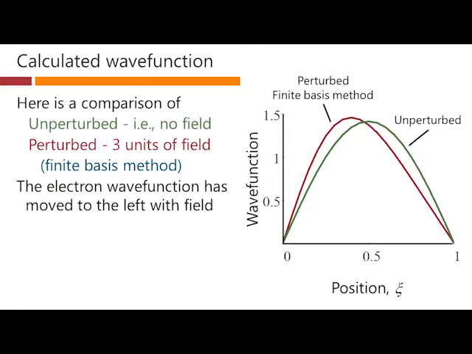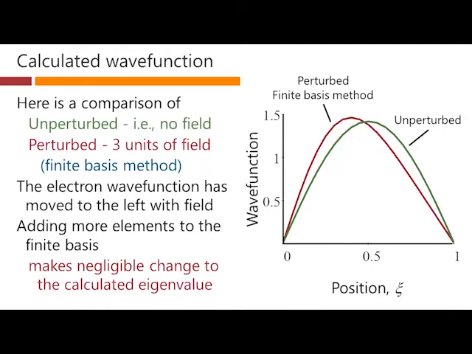We see that the electron wave function has moved to the left with field, which makes sense to us because, remember, we had a slope on the potential like this, so we might expect the electron to run down to the left. Adding more elements to this finite basis here really makes negligible change to this first calculated solution.